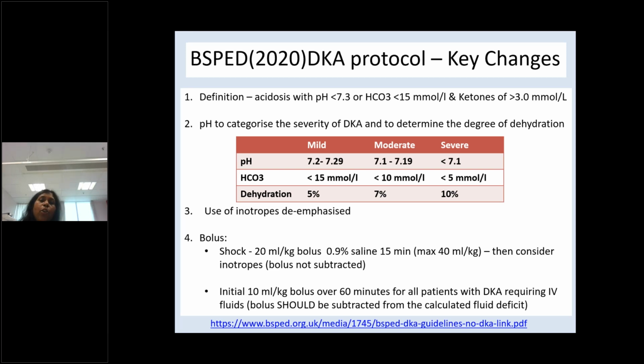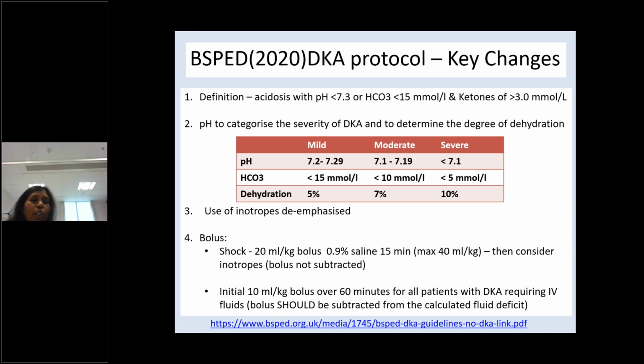The moderate is between 7.1 to 7.2, and the bicarb should be less than 10 millimoles per liter, and the dehydration is estimated as 7%. If it is severe, the pH should be less than 7.1, and the bicarb should be very low, less than 5 millimoles per liter, and the dehydration is estimated at 10%.